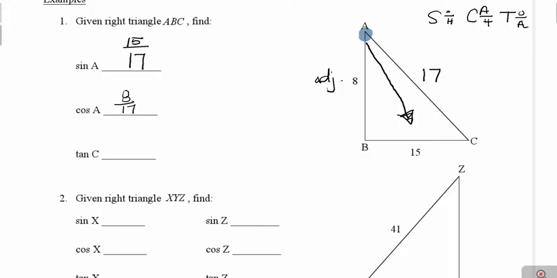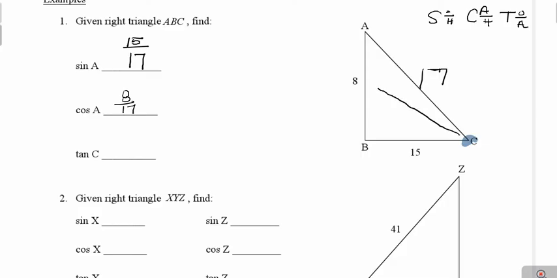Okay, then finally we're going to look at the tangent of angle C. Now notice they switched angles, so now we have to take a different approach. So I'm going to erase what we have here. And angle C is now at the bottom. So if I want the tangent of angle C, that would be opposite.